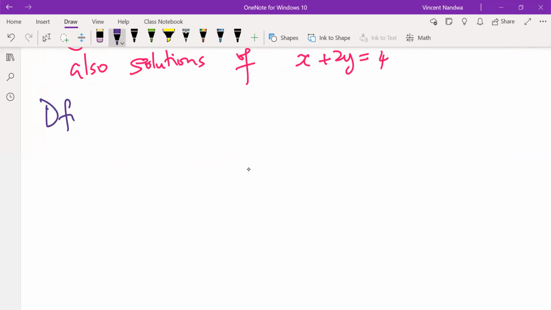Now, let's define what we call a system of linear equations.